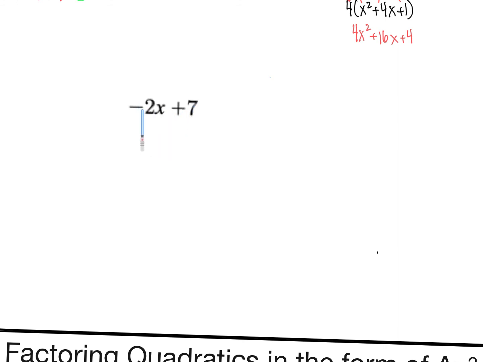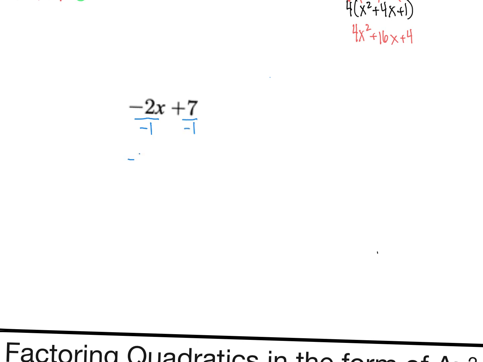Or we could factor out the negative sign, like a -1. So for example, if I have that negative there and I want to factor it out, I can divide each one of these by a -1.